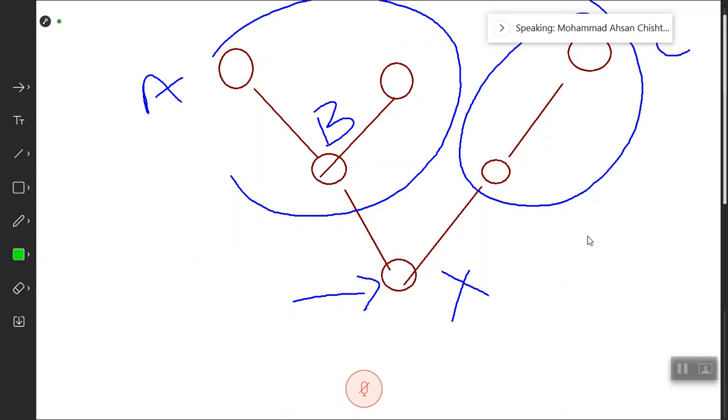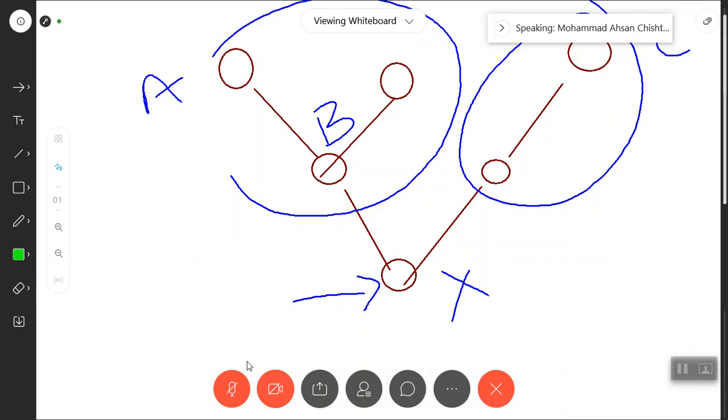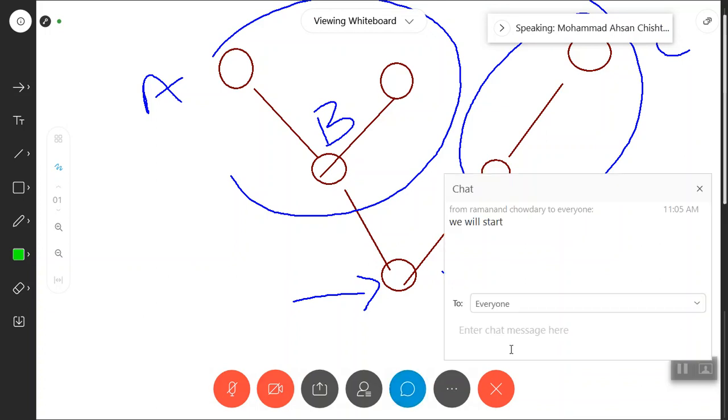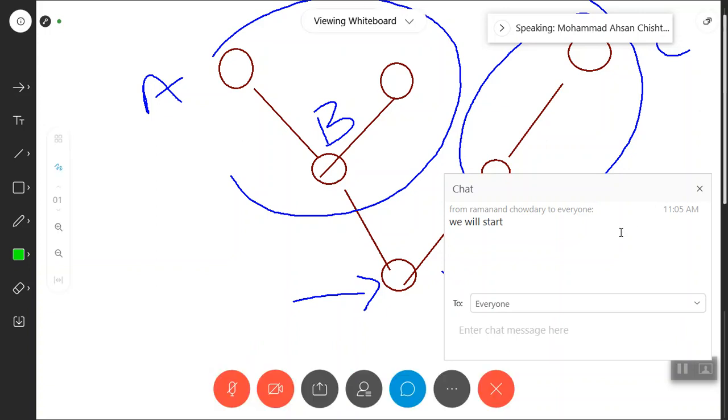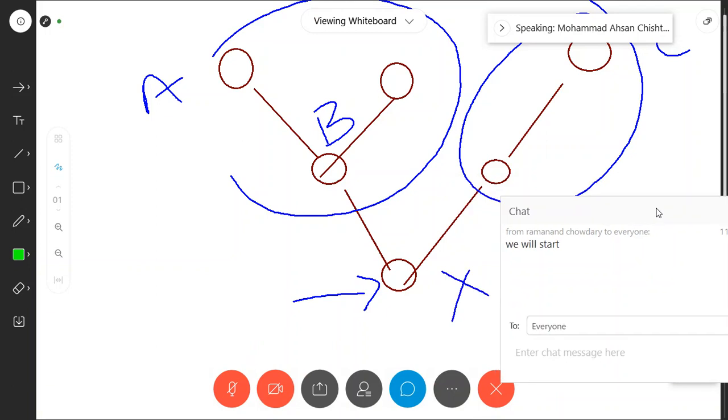In order to define a tree network, how many levels do we require? Yes, anybody can write in the chat. I'll say the question once again. In order to have a physical hierarchical topology of tree, at least how many levels are required? Good, at least three. Why three?